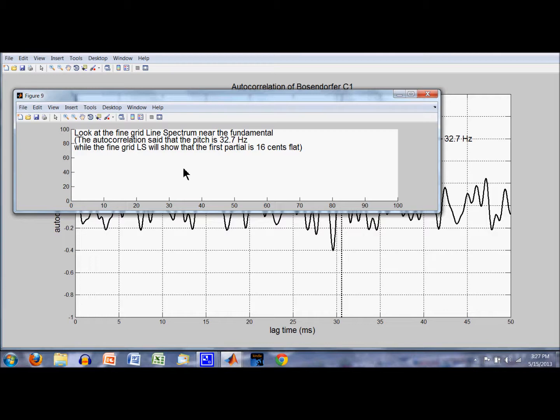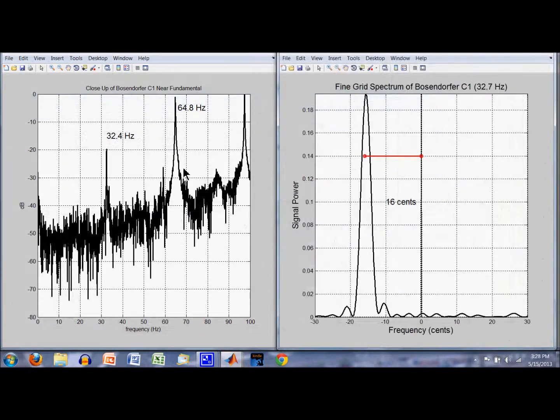However, when we take a look at the fine grid line spectrum near the first partial, we see that this is an expansion here of the regular line spectrum, and the peak actually occurs at 32.4 hertz, according to this, because this has less resolution. Over here is a fine grid spectrum located right around the first partial.